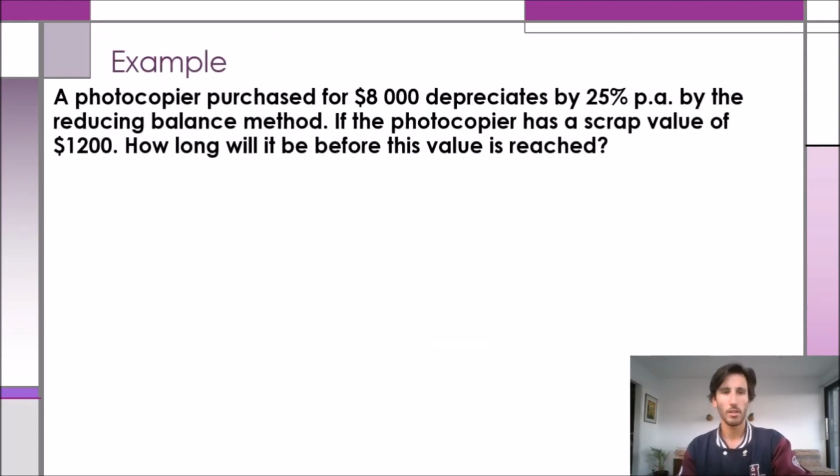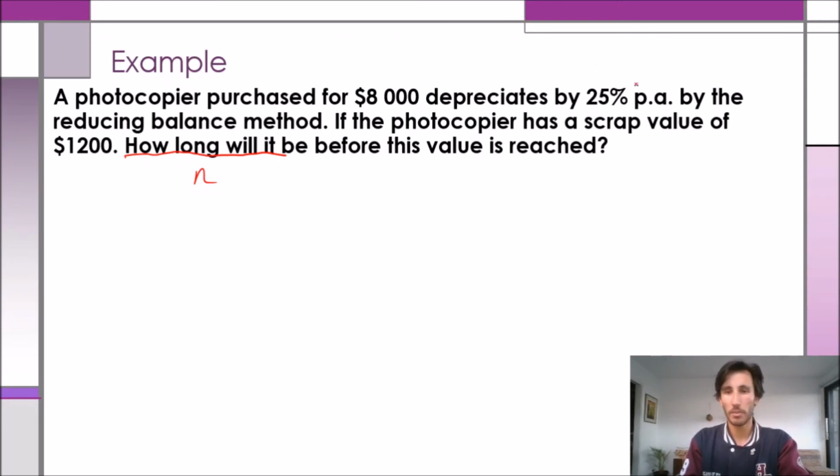All right, last one. A photocopier purchased for $8,000 depreciates by 25% per annum by the reducing balance method. If a photocopier has a scrap value of $1,200, how long will it be before this value is reached? So how long will it be? We're looking for a value for n.